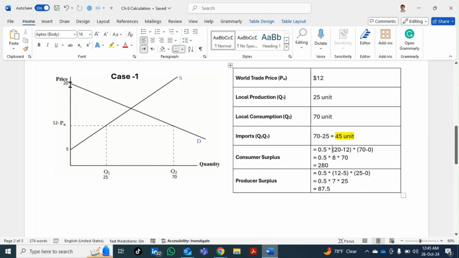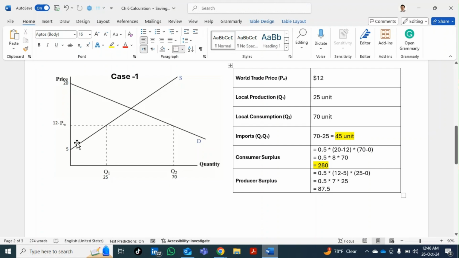The maximum price is 20 and the minimum is 12, so we take 20 minus 12 and multiply by the quantity. The maximum quantity is 70 and the minimum is 0, so 70 minus 0. So we calculate 0.5 multiplied by 8, which is the difference between 20 and 12, and 70. The answer is 280. That is the consumer surplus before the trade.